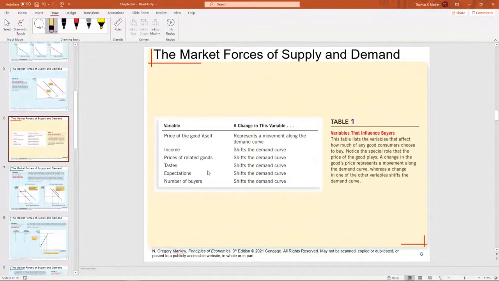And taste, this is kind of a catch-all. In a lot of cases, I think with taste, a lot of the ones that they say are taste actually fall somewhere else, like with the number of buyers.